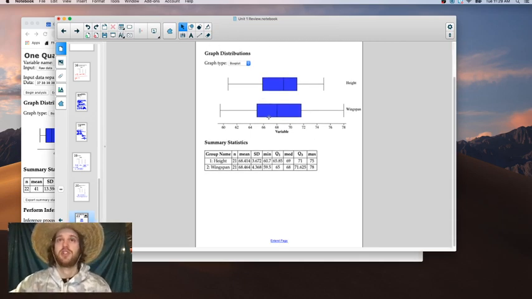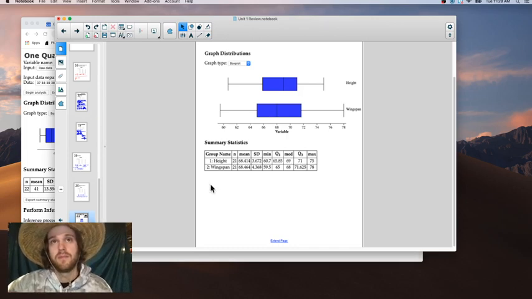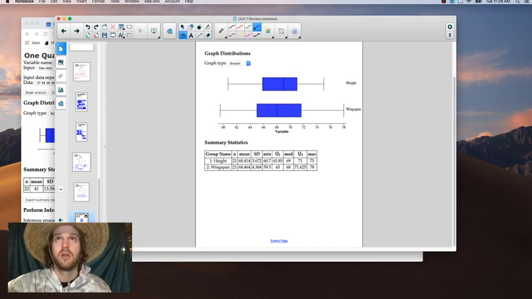I would mention shape. It's hard to say whether something is perfectly symmetric just based on the sample. I would say that the wingspan, so this is comparing our class height and our class wingspan, appears roughly symmetric.